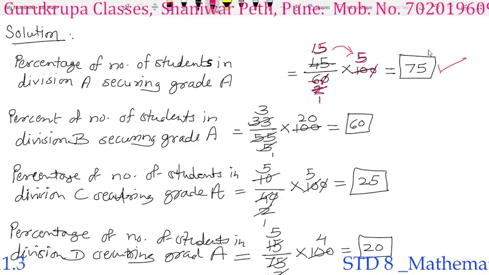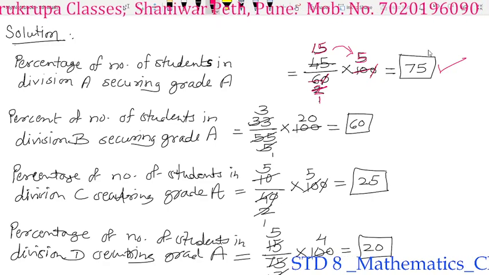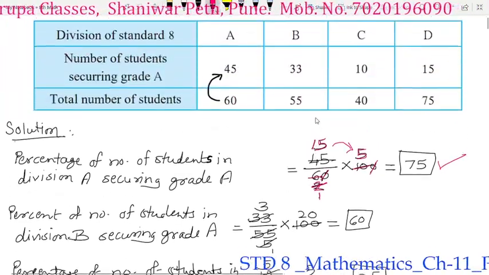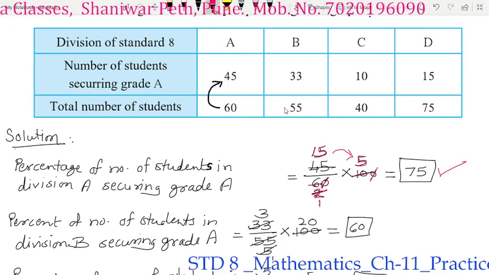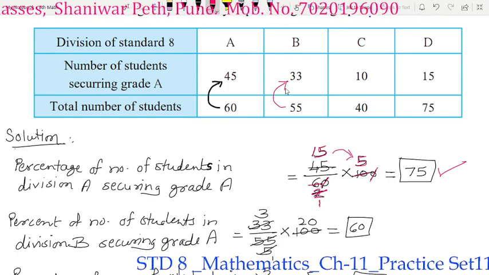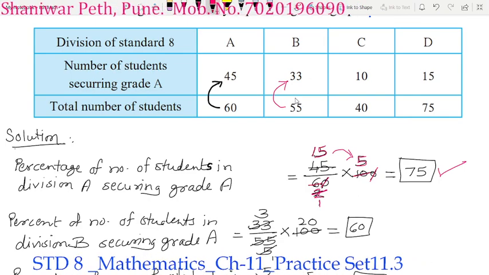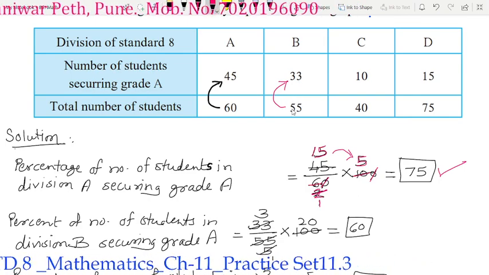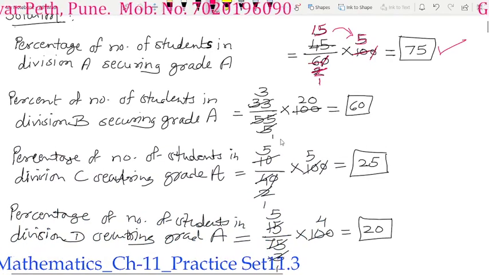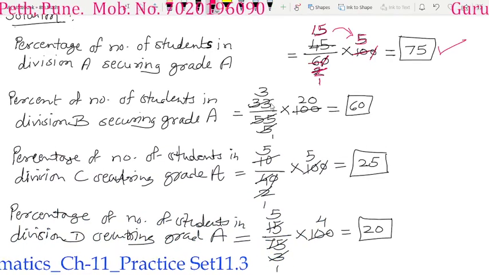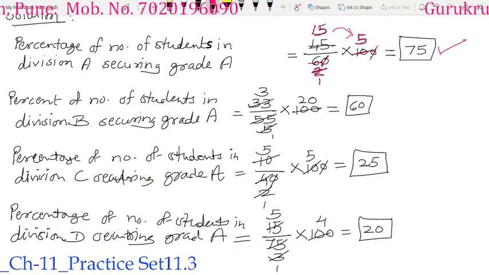Next, the students of division B. There are 55 students in total, out of which 33 students secured A grade. So 33 upon 55, the number of students securing A grade upon the number of total students.